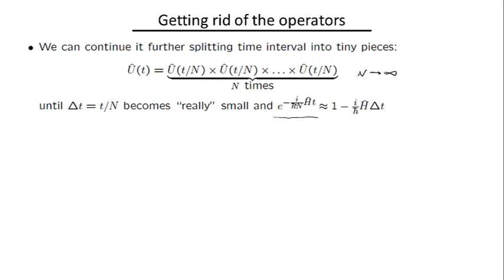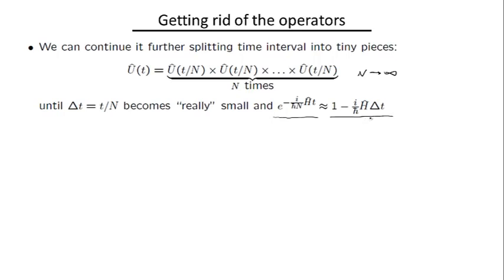So this t over n I can make as small as I want. And if I make it really, really small, instead of writing the full Taylor series for this exponential, I can write it as simply two terms, one minus the first linear term, and truncate my series right here.